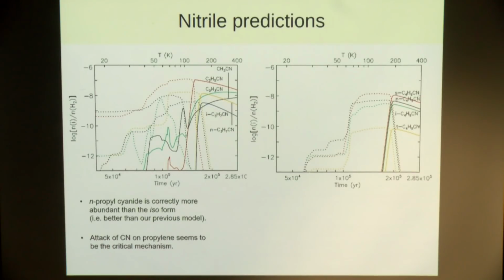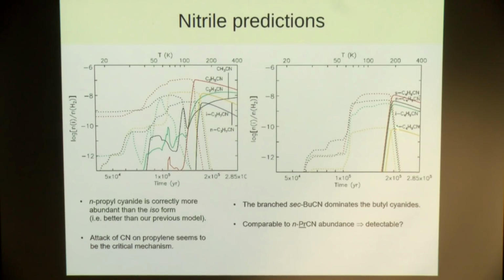But we went further. We wanted to know, could we predict the presence of butyl cyanide? What we find, even with this new mechanism, is that the straight chain form is less abundant than the branched form. So we're seeing sec dominates. It seems as though, as we go up in complexity, the probability of finding these branched molecules really starts to ramp up.